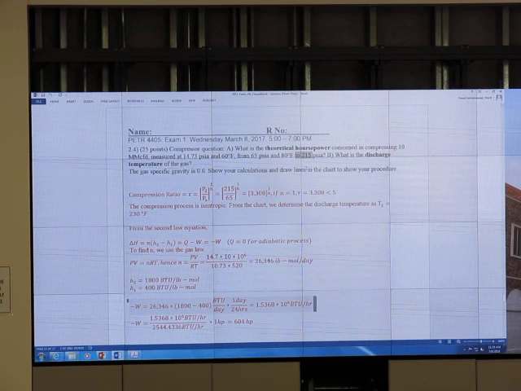Step 1, convert everything into PSIA. Step 2, assume one stage. If we use one stage, what is the compression ratio? So compression ratio is 215 divided by 65, right? If n equals 1, then it is okay. So then you stop.